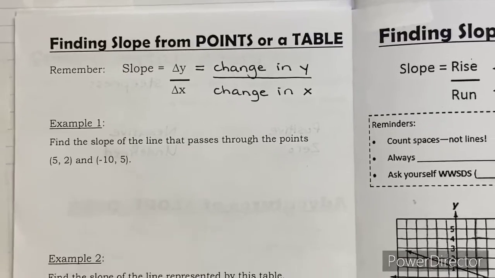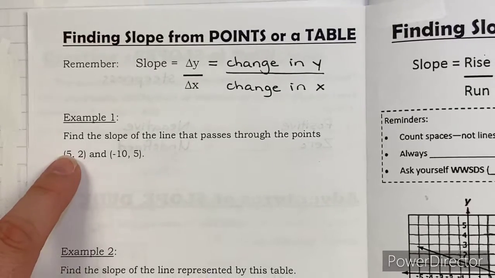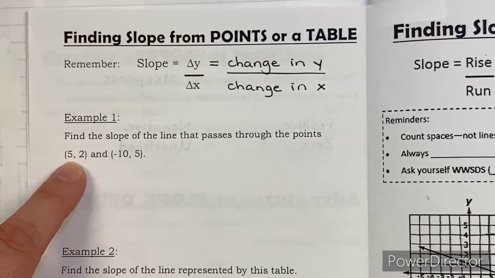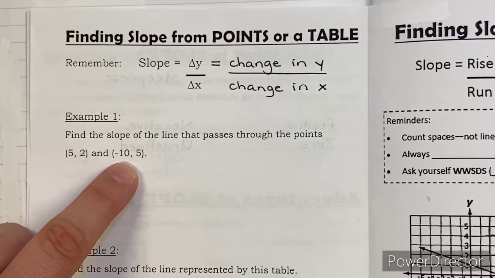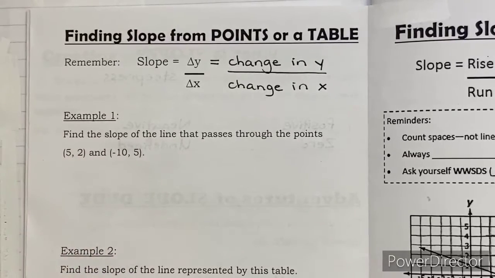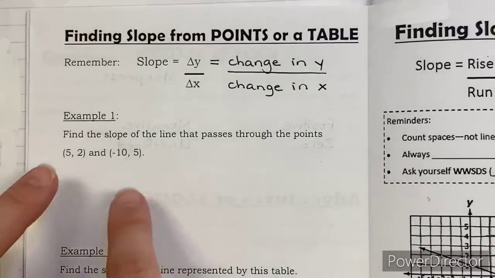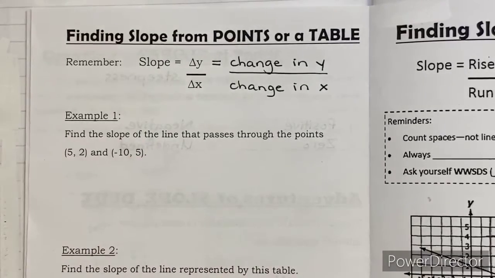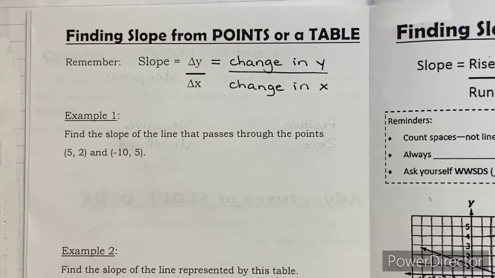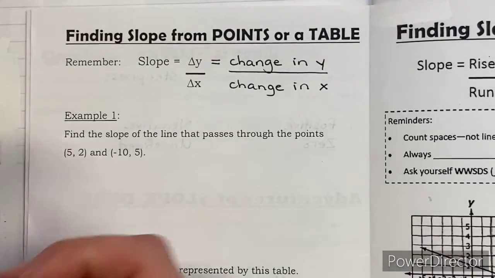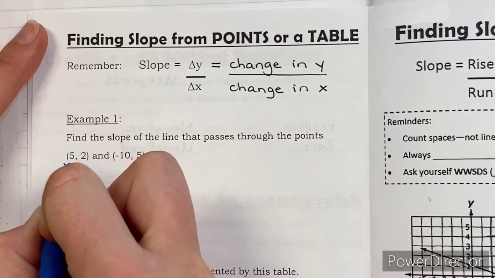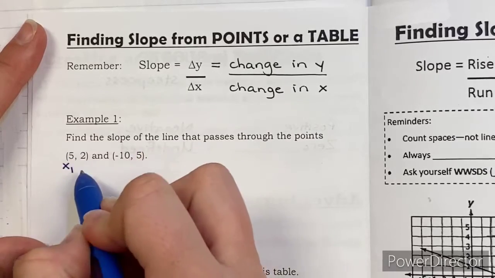So example 1, check that out. So it says, find the slope of the line that passes through the points (5, 2) and (-10, 5). So what I want to do, very first thing, and this is what I still do to this day, when I see 2 ordered pairs, I need to label them as first ordered pair, second ordered pair. So here's what I do. This is my x value of my first ordered pair.